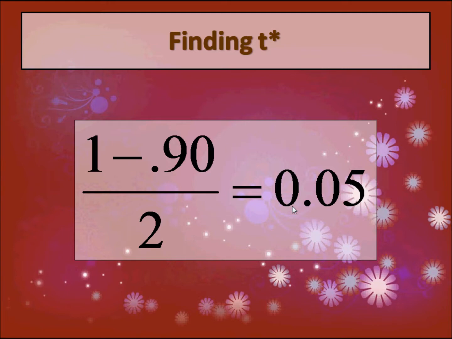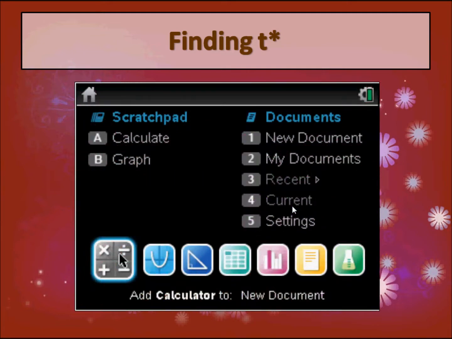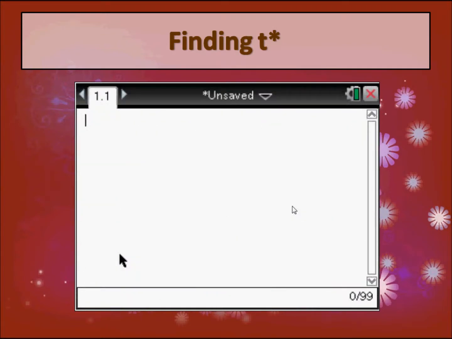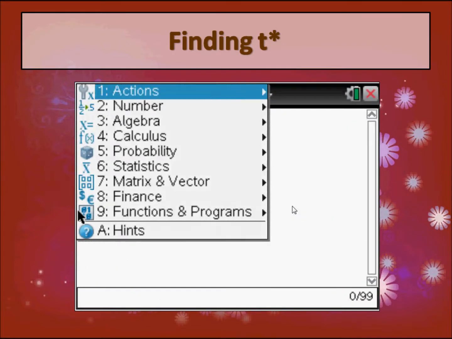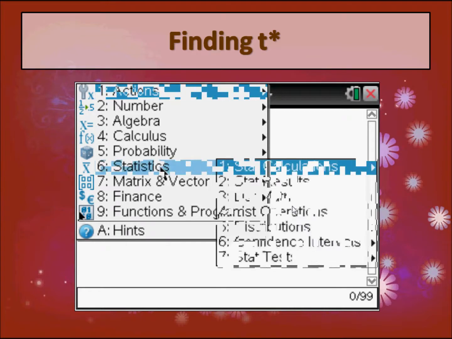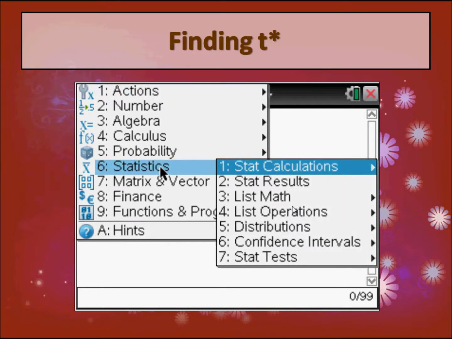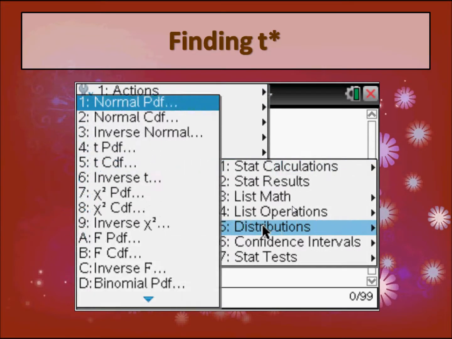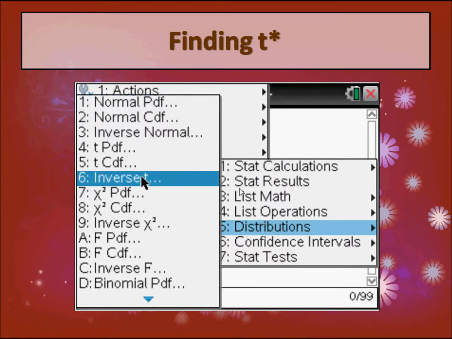And so the first thing I do is from the home screen, I'm going to press calculator. When I'm in the calculator, I'm going to press menu. Then I'm going to go to statistics. From statistics, I'm going to go to distributions. And from distributions, I'm going to go to inverse t. Okay. Since we're using a t interval, I want to do inverse t.